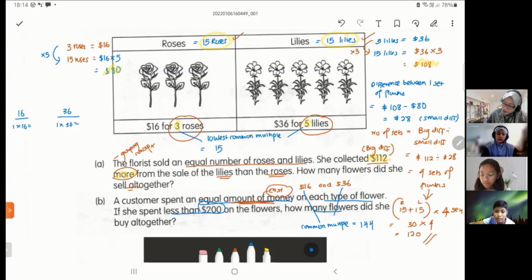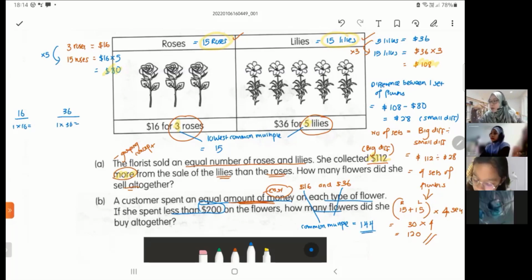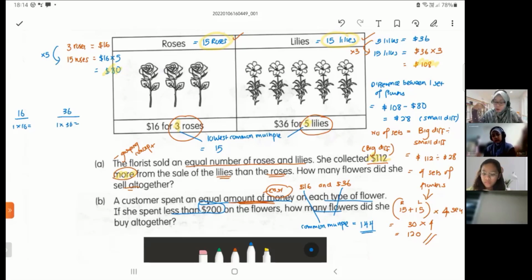And so on, and then you will find that it is 144. You just have to write down the common multiple. I do a shortcut because I don't have enough time. Then the number of roses will be 144, the common multiple just now, divided by $16.